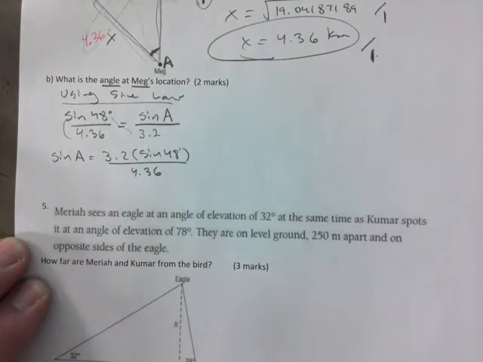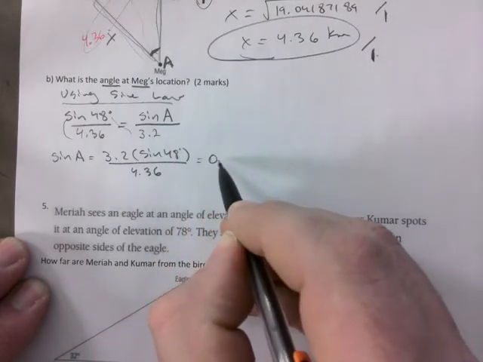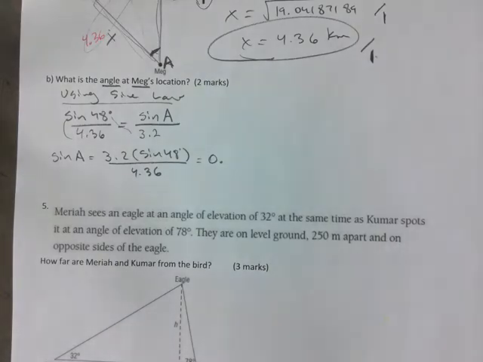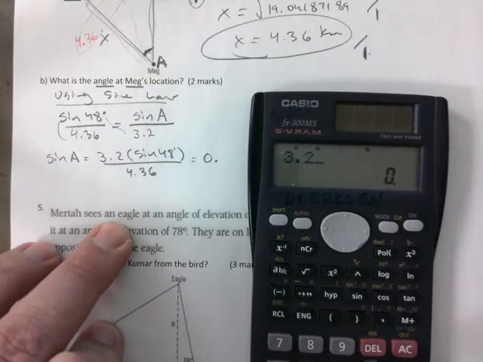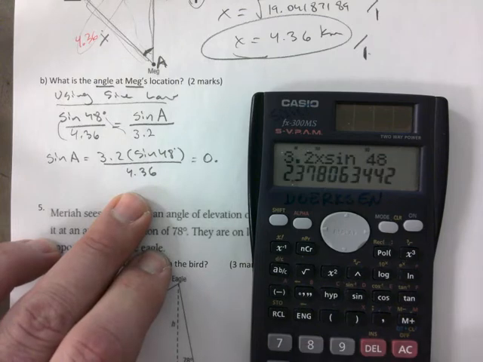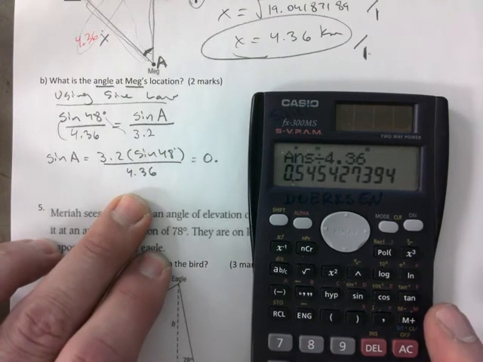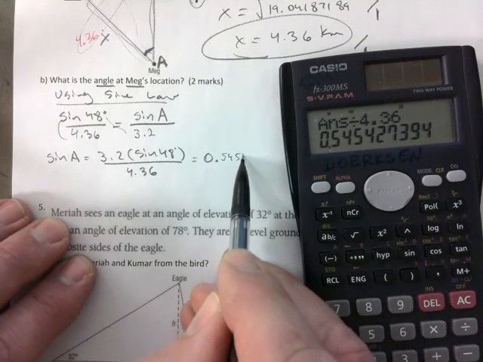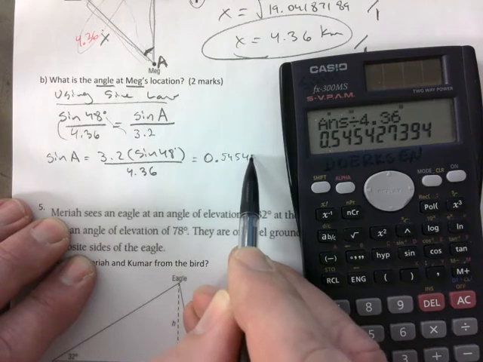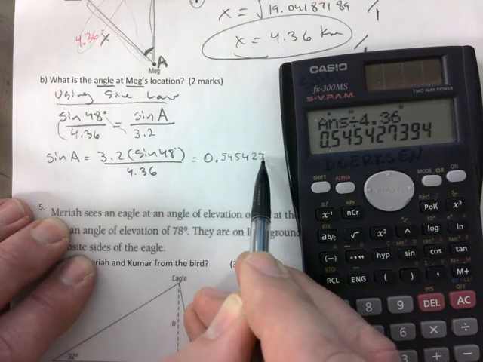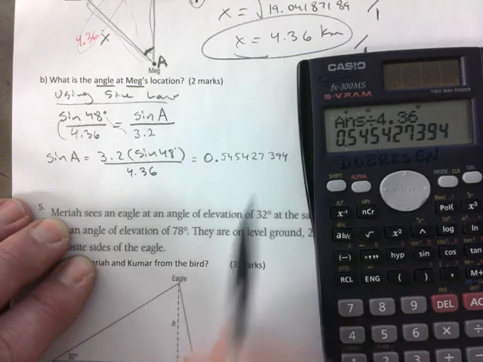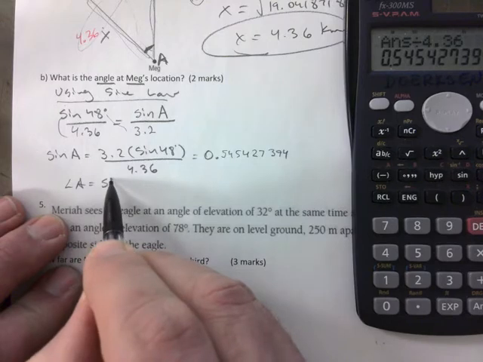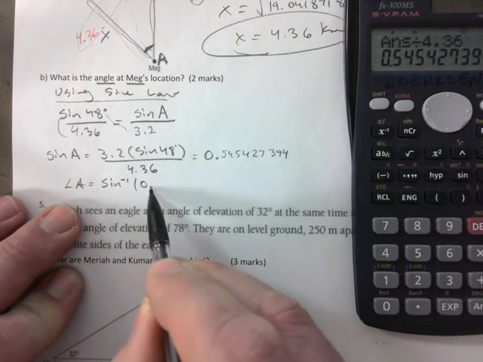If you use cosine law, just hold on for a bit. I'm going to go over that as well. I need to do this real quick. 3.2 times sine of 48, divided by 4.36, is 0.5454. So angle A is, watch this, you have to use sine inverse if you're using sine law.